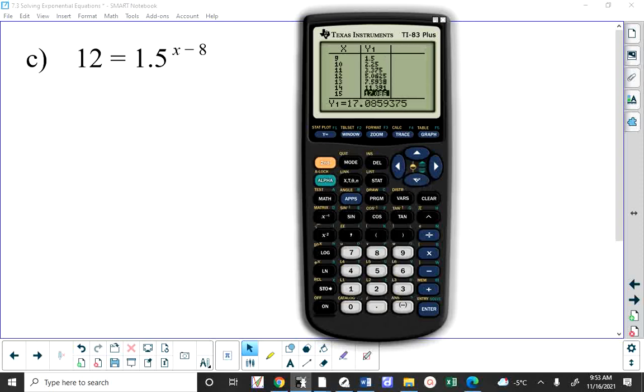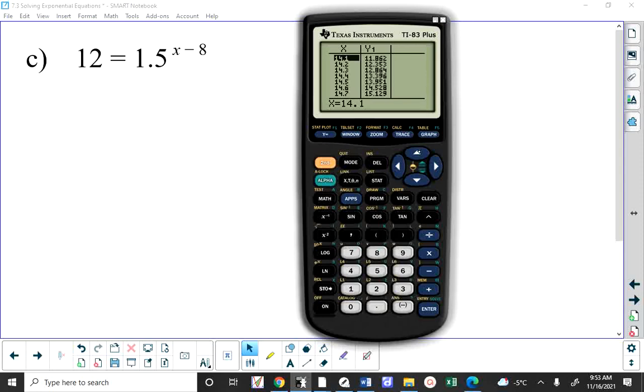There we go. It's between 14 and 15. So let me start at 14 and go up by 0.1. I want this to be equal to 12. It's looking like it's between 14.1 and 14.2.